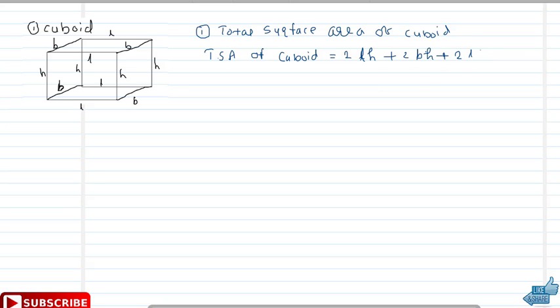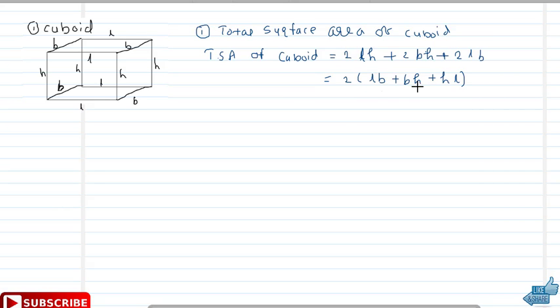So taking 2 as common, I get here 2 in bracket LB plus BH plus HL. Don't worry about the sequence. So this is the final formula, that is 2 in bracket LB plus BH plus HL.